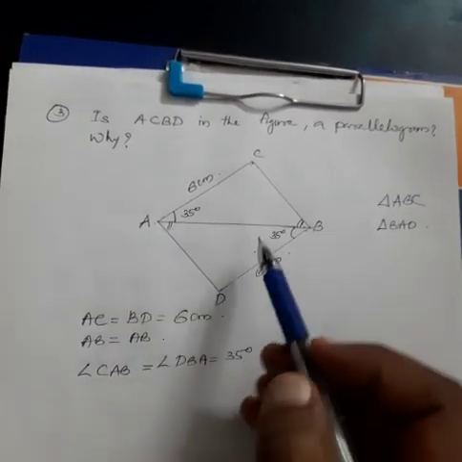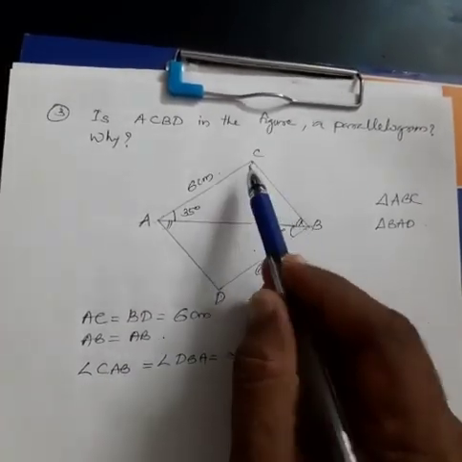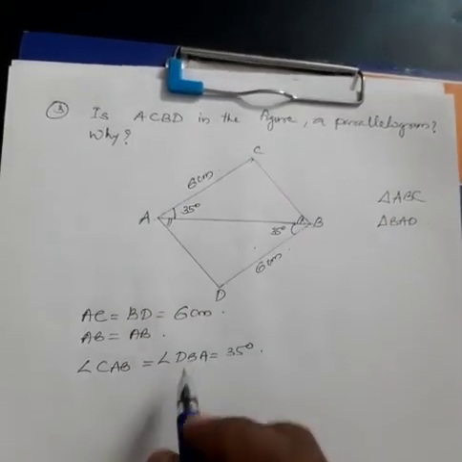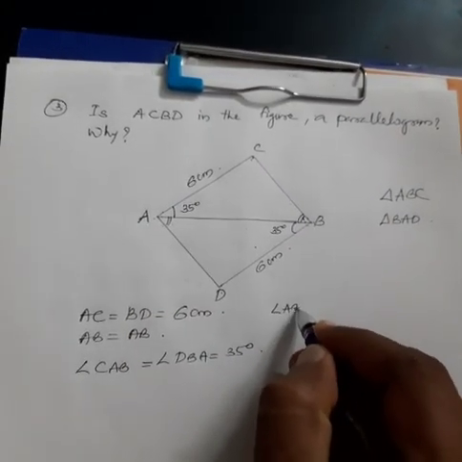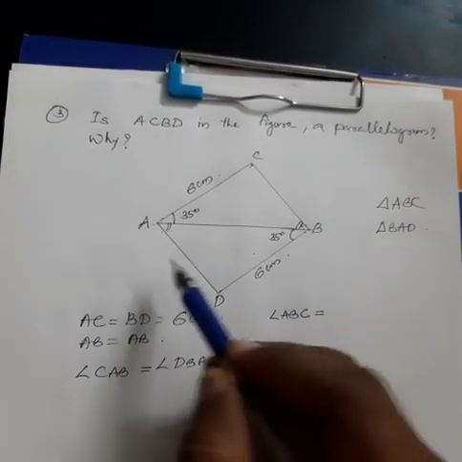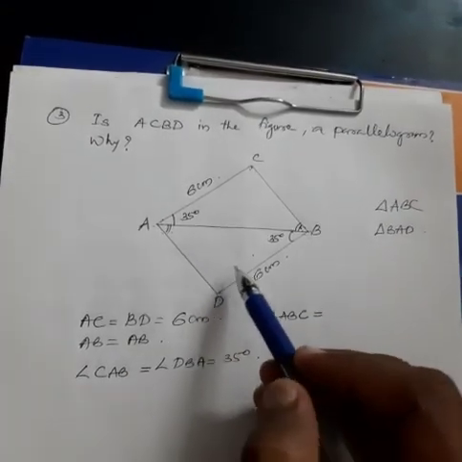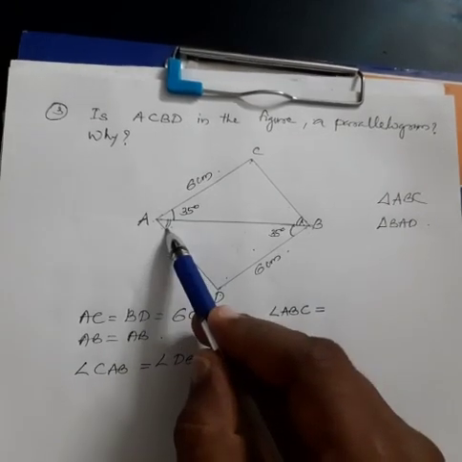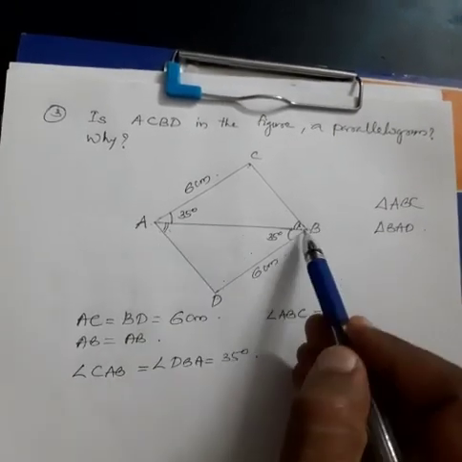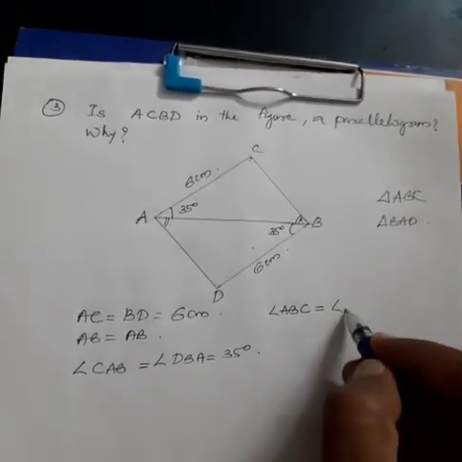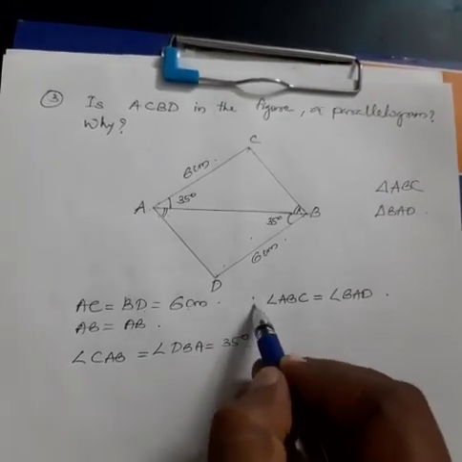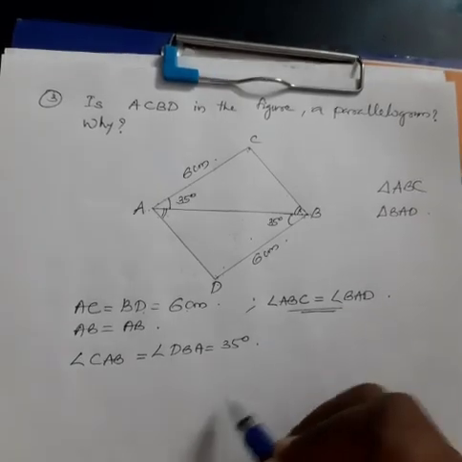So this angle is ABC. Angle ABC is equal to the opposite of BD, angle BAD. So sides are equal, the opposite angles are also equal.